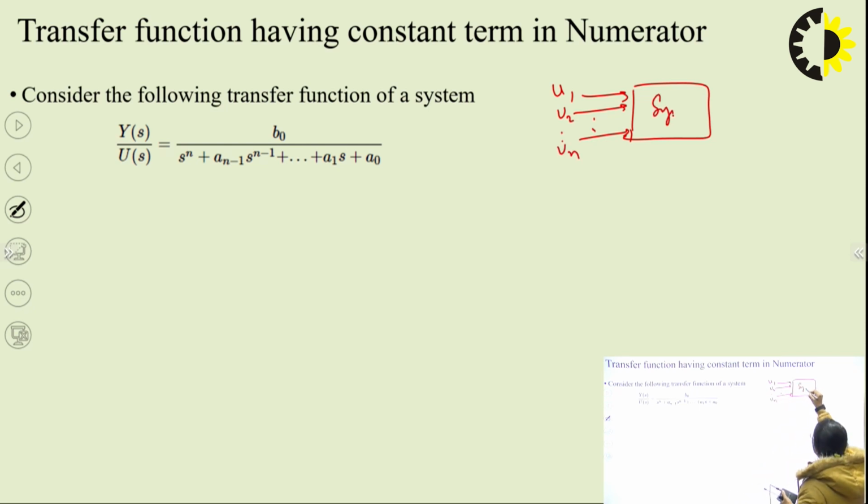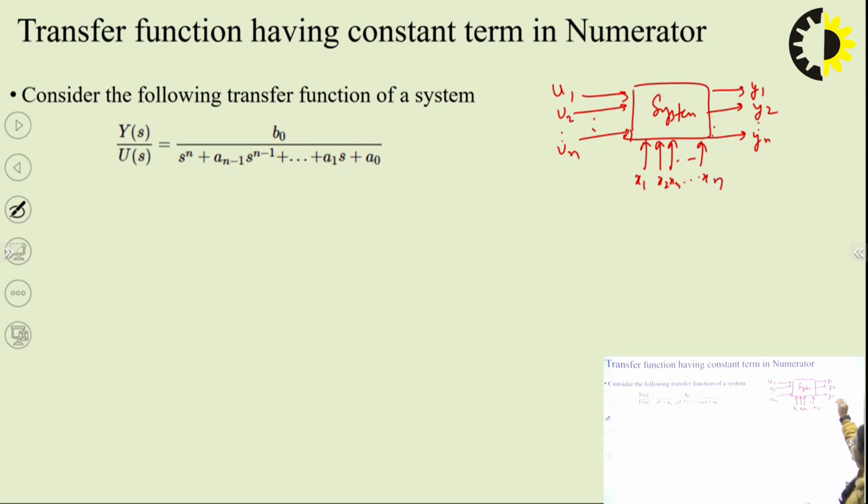And there are n number of outputs y1, y2 up to yn, and in the intermediate there are many states x1, x2, x3 up to xn, right? For this type of system, the state model, as I have told you, will be x dot is equal to Ax plus Bu and y is equal to Cx plus Du.